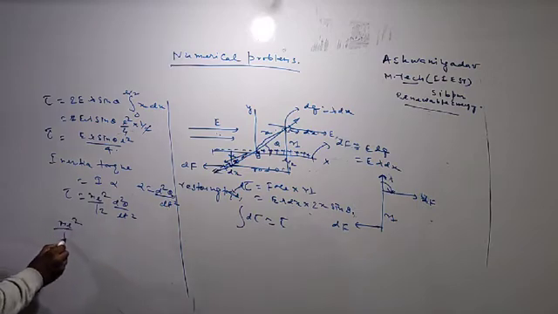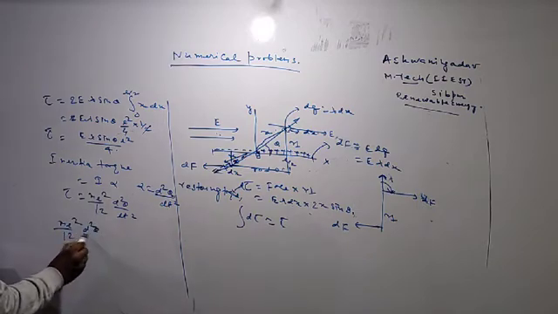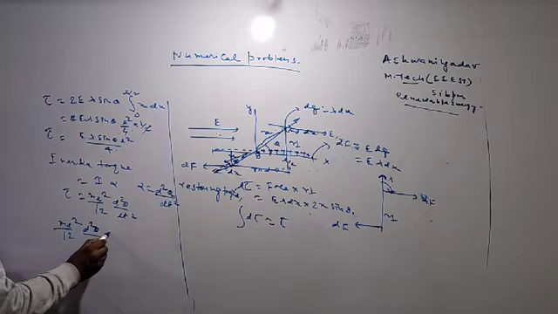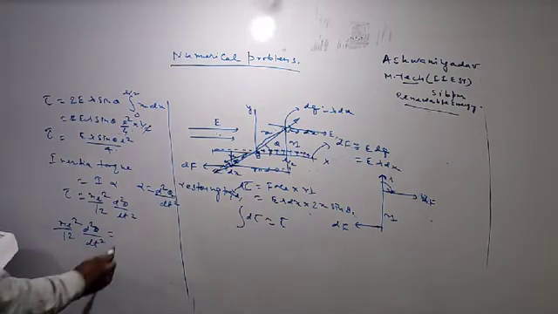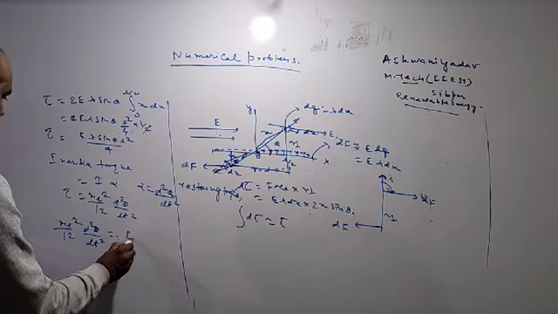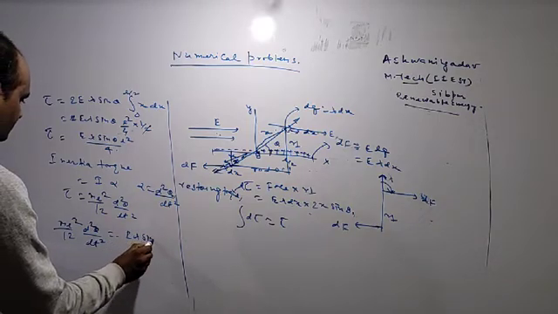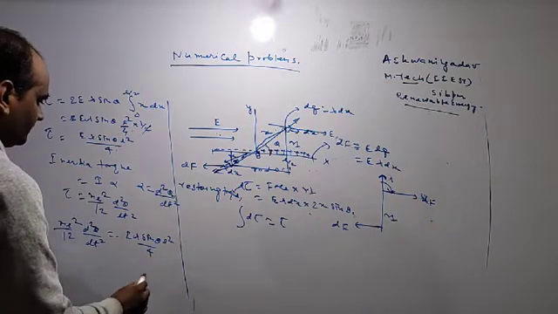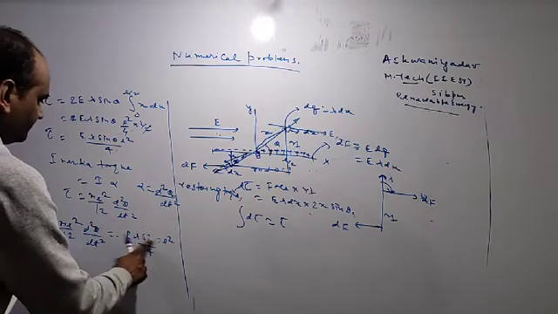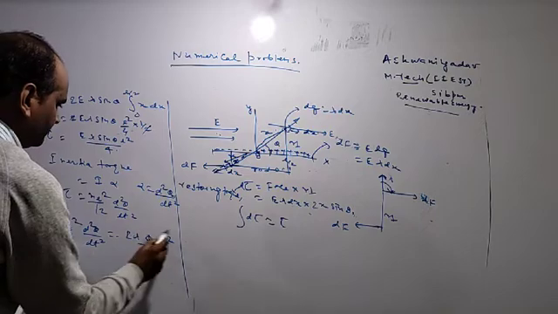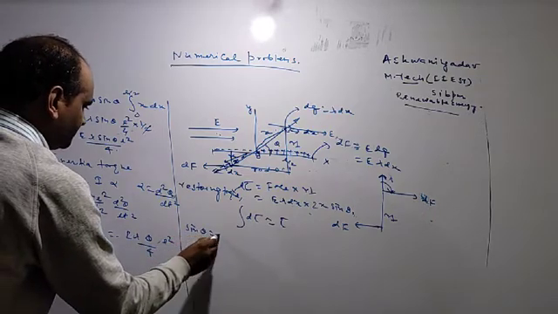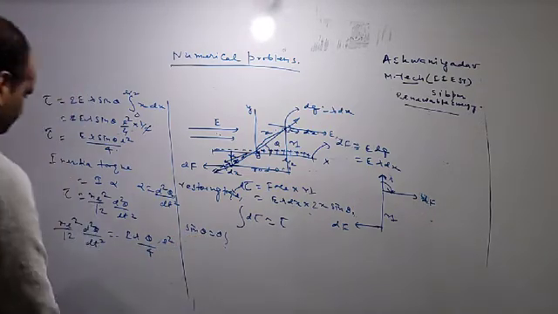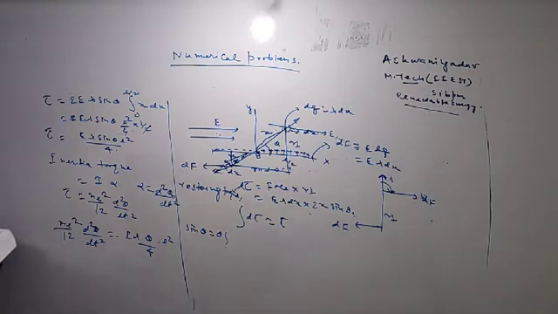ml square by 12 d2 theta by dt square is equal to minus E lambda sine theta L square by 4. Okay, and we can write sine theta equal to theta, because theta is very small. So this is our differential equation.